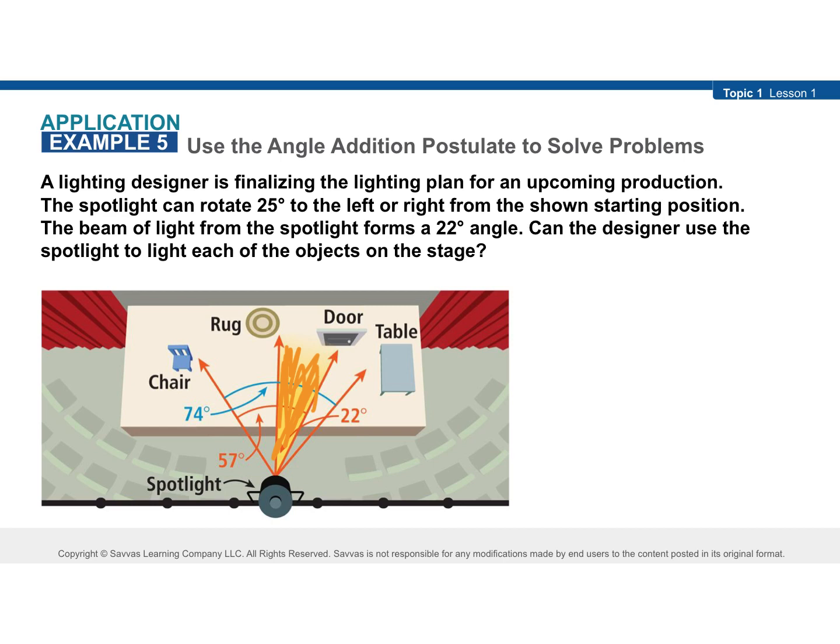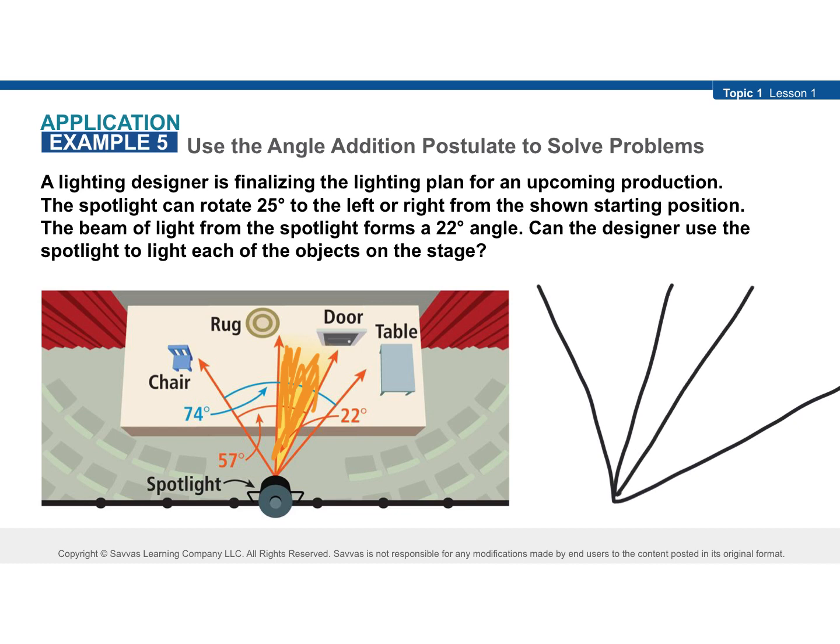So let's draw this picture over here. This spotlight is 22 degrees. Now, this angle is 57. So I wish I was there.